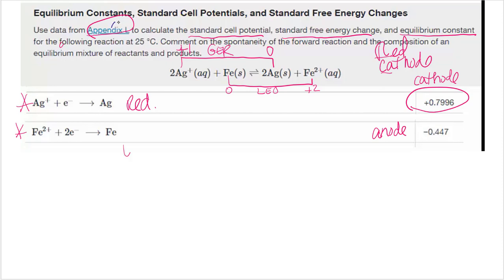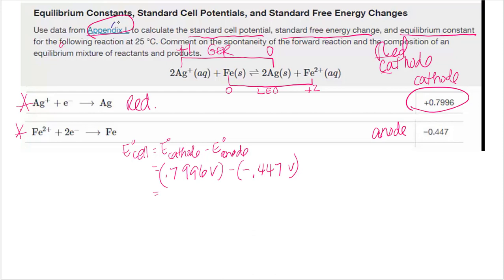So when I'm finding my E cell, it's my E cathode minus E anode. So I'm going to do 0.7996 volts minus a negative 0.447 volts.